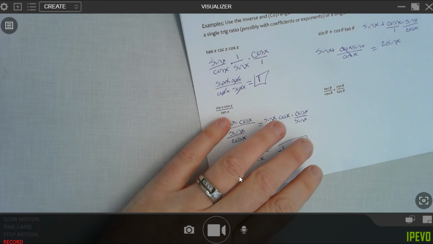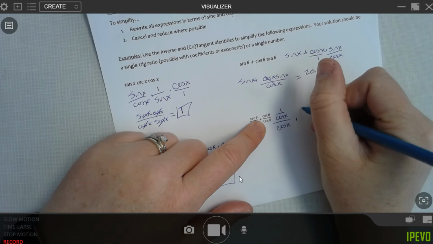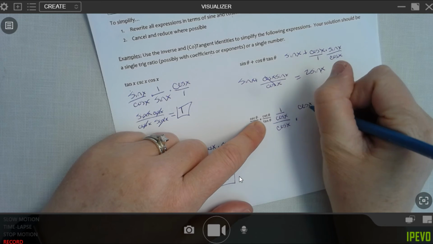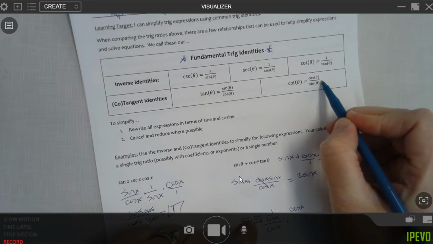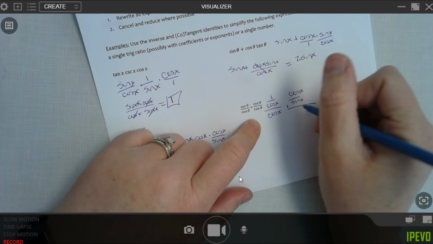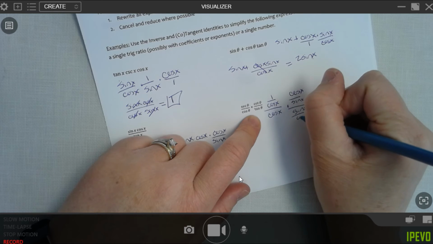Over here, turn everything into sines and cosines. So this would be 1 over cosine of x, divided by cosine of x times cotangent. Cotangent is cosine over sine, and you can see right here, if you forget, cotangent is cosine over sine. That's just the top, and the bottom is sine of x, cosine of x.